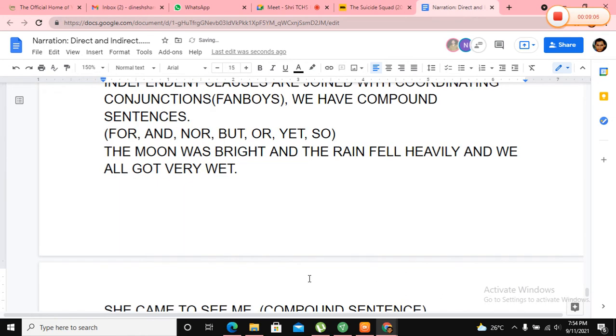You see, there is 'and' twice in this sentence. These three sentences are connected by 'and' twice, and all three sentences are independent.